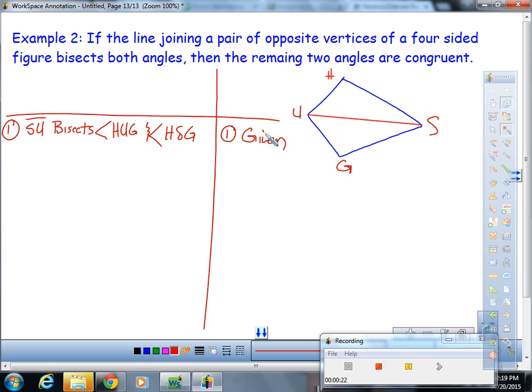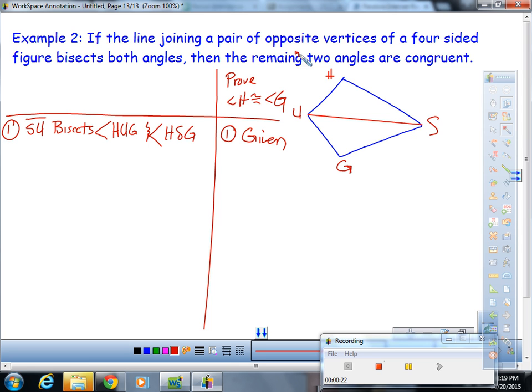If the line joining a pair of opposite vertices of a four-sided figure bisects both angles, that's really all I'm given. I'm trying to prove that angle H is congruent to angle G. Then the remaining two angles are congruent. Remaining. Jeez. All right, I'm trying to prove H is congruent to G.